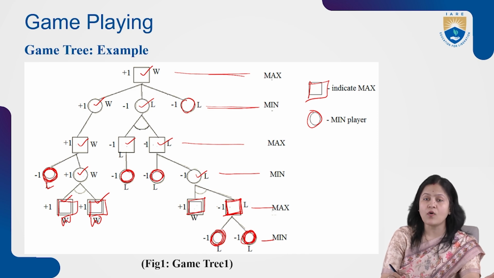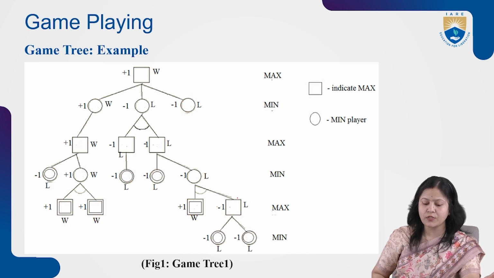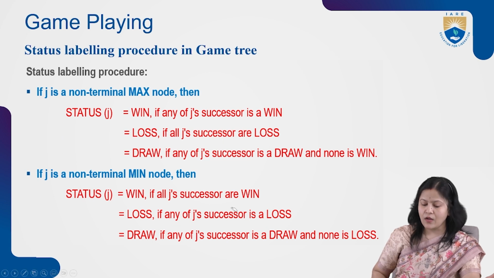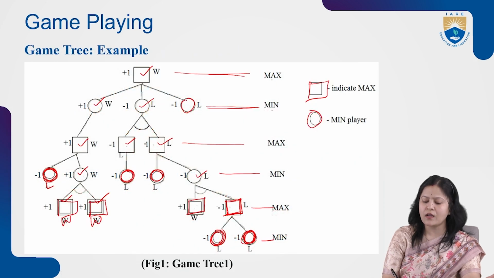Then what type of status can we give? As per the procedure, we can write loss if all the successors are lost. If all the successors are lost, then we can write lost. As both are lost, the status is L now. So this is done. This W is already given.